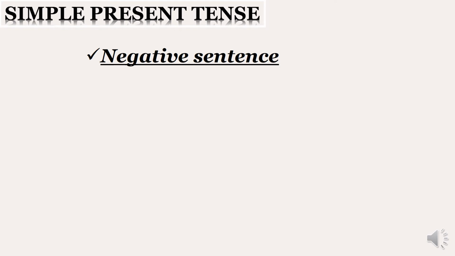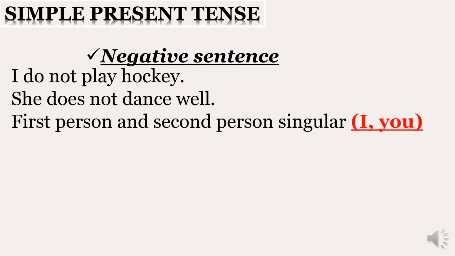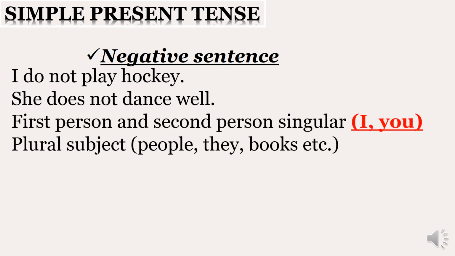Now to make a negative sentence, we need an auxiliary verb, as I told you already. So, I don't, or I do not play hockey, she doesn't dance well. So here we used do and does as auxiliary verbs. Do we use with plural subjects and with first person singular and second person singular, I and you.